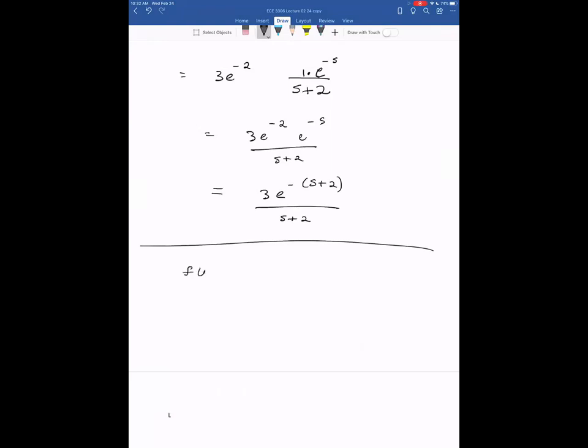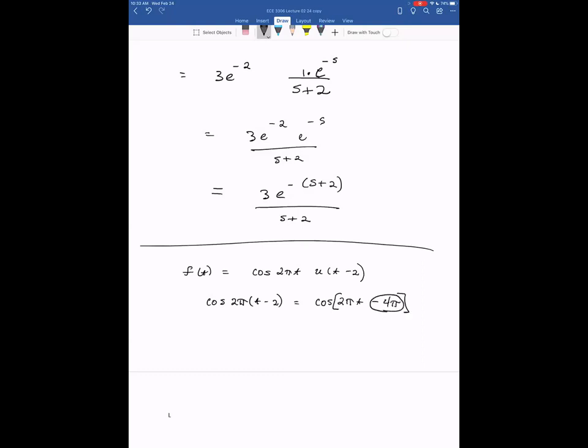Let's let f of t be cosine of 2 pi t u of t minus 2. Okay, so let's work with that one. This one is kind of a trick. What you have to realize is that the cosine of 2 pi times t minus 2 is the cosine of 2 pi t minus 4 pi.